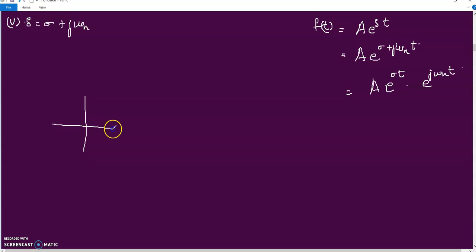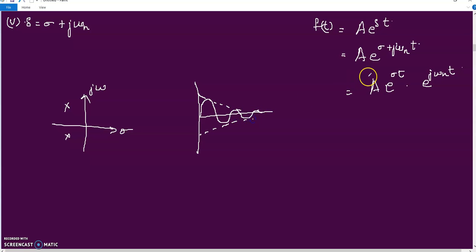Here we can represent it like this, sigma j omega. For such a function, e raised to sigma t, here sigma is negative. Then we have an overdamped function.